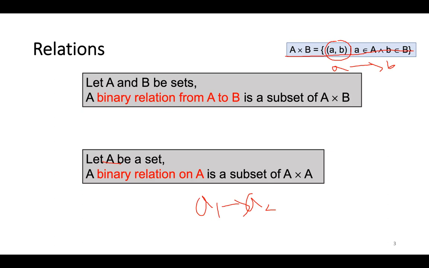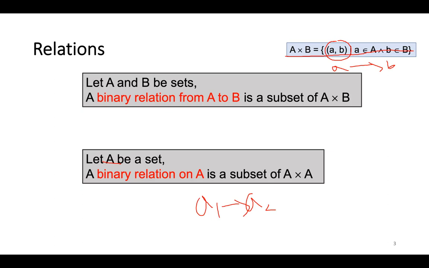So what is a relation? A relation is some kind of connection, some operation between two things. We have two sets, and there is a relation between those two.